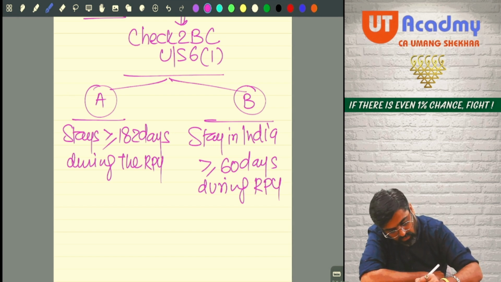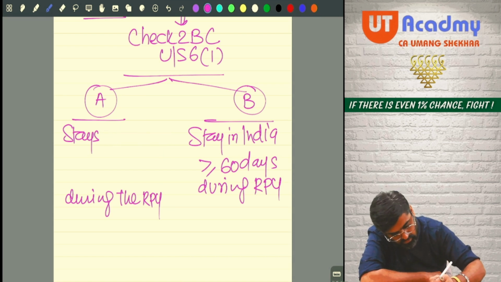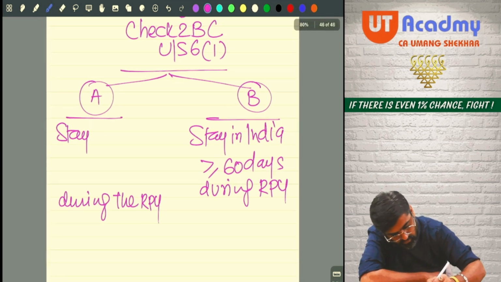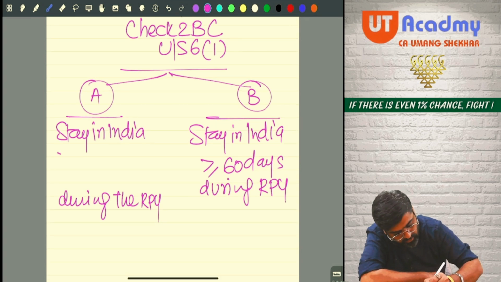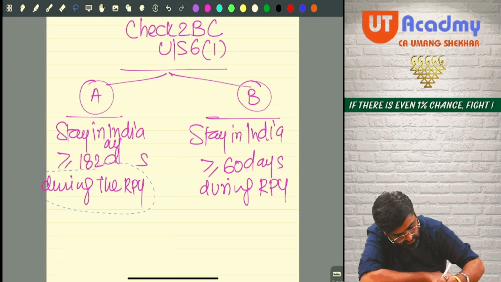See, in condition A, stay in India should be greater than or equal to 182 days during the relevant previous year.